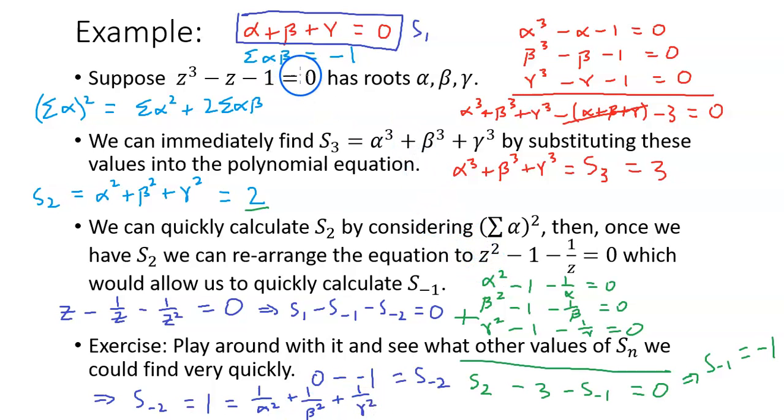So the point of this little section really is just to remind you, if you have a polynomial equation and you have the roots of that equation, you can substitute the roots into the equation and the equation should still be true. And then you can make use of it in ways, well, here's an example of a way that you can make use of that.